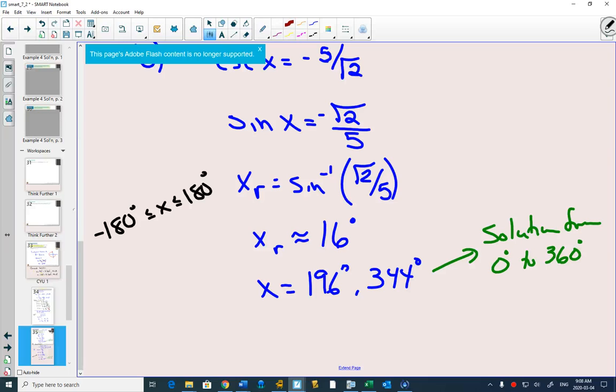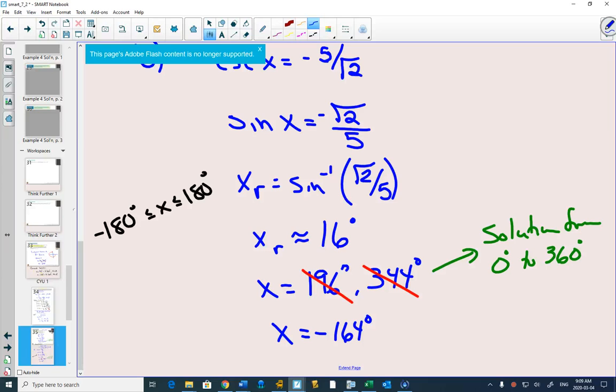No. So we would have to say, it's not this one, it's not this one. What is coterminal with 196 as a negative angle? Negative 164 degrees. So you could just take 360 away from that.